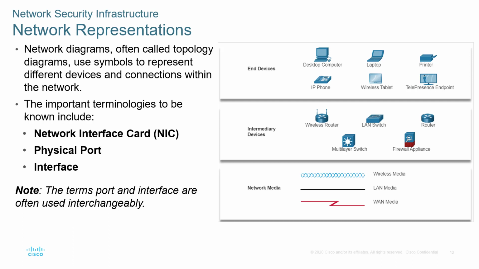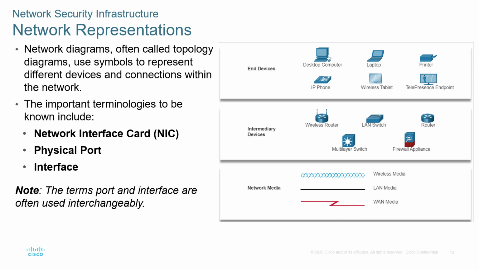If you have a wireless network, you'll have a wireless NIC. If you have a mobile device, you may have a cellular NIC. If you have a Bluetooth network, it will be a Bluetooth NIC. The NIC is just the interface card that allows you to interface between your device and the network.